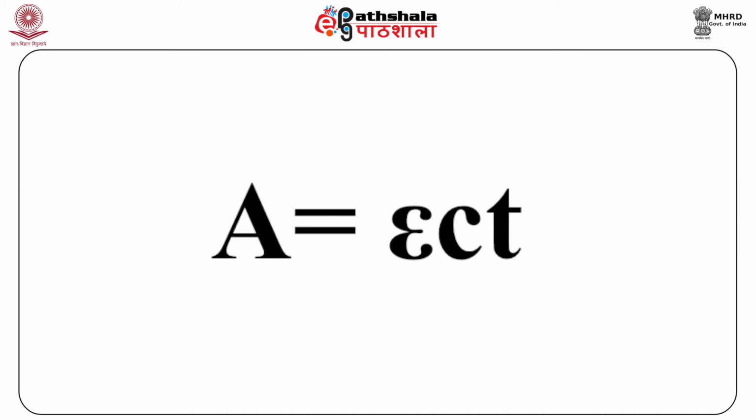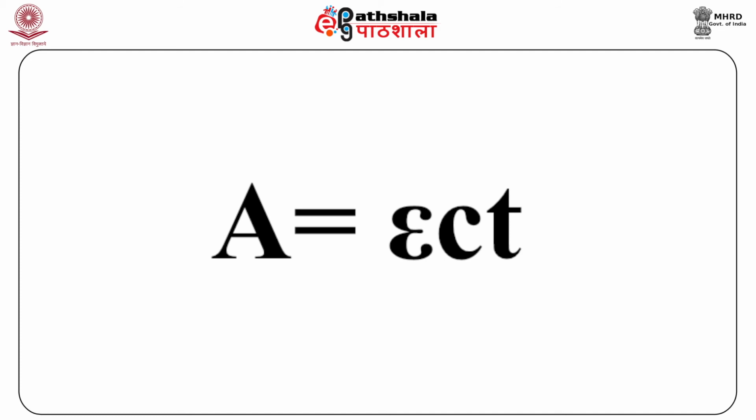In this equation, capital A represents the absorbance, which can also be called optical density. Epsilon is the molecular extinction coefficient, or absorptivity. It is given the units centimeter square per mole.